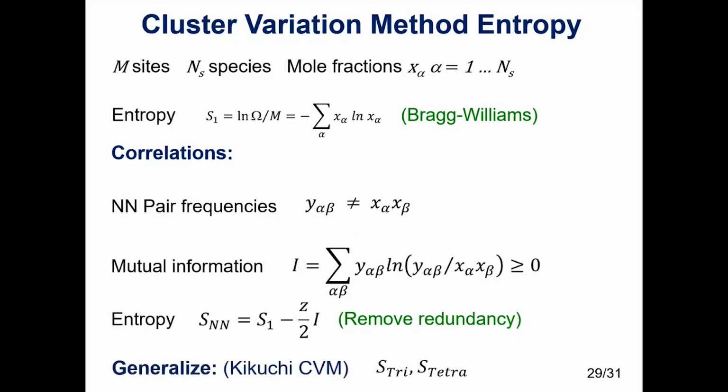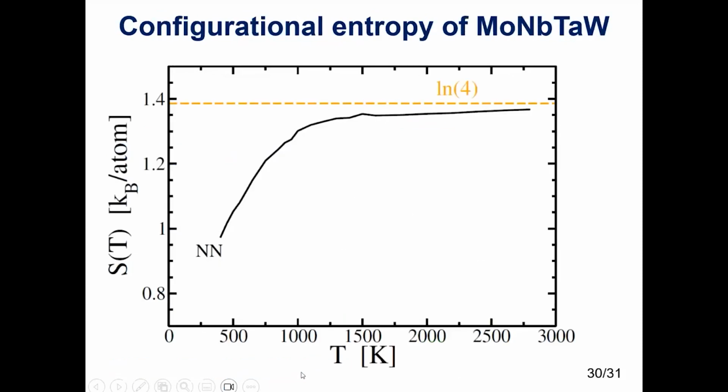And then this can be generalized to include 3-point and 4-point correlation functions. And the generalization is known as Kikuchi's cluster variation method. And then we can use this to calculate configurational entropy of the high entropy alloy.